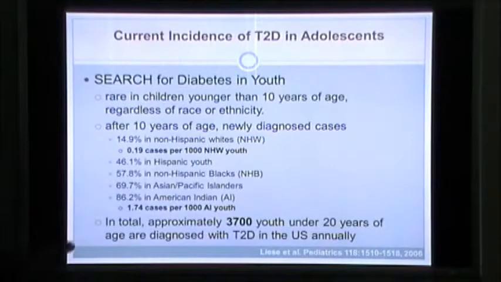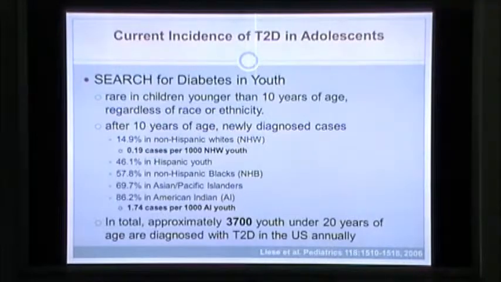And the estimate is that approximately 3,700 youth under the age of 20 are being diagnosed with type 2 diabetes in the United States annually. It's a very small number. Millions and millions of adults are being diagnosed with type 2 diabetes annually. We're talking about less than 4,000 children.